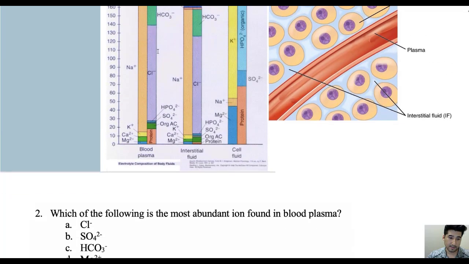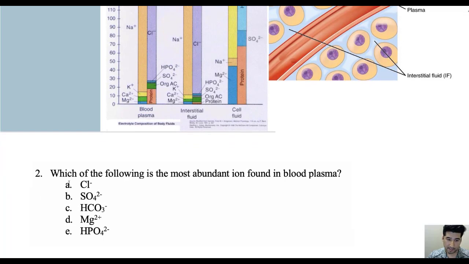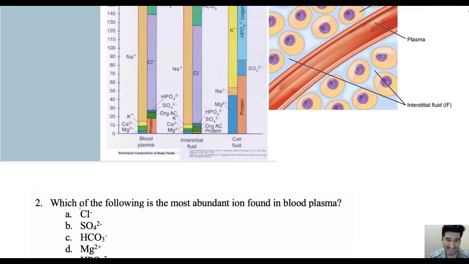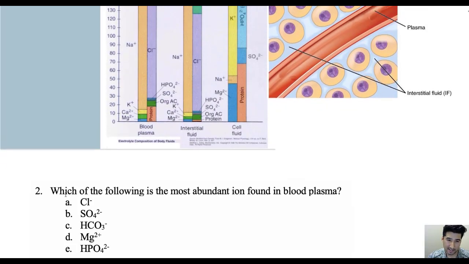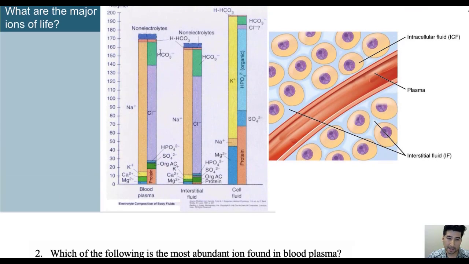So the only possible answer choices are A and C. And which one do you think is the right answer? Yes, you're correct. The answer is C. And the reason why it's C is because bicarbonate has a lower limit of 138 all the way up to 165 or 166, whereas chloride has a very low lower limit.